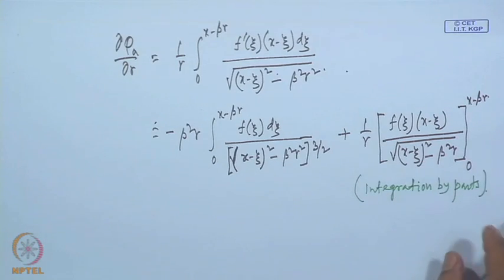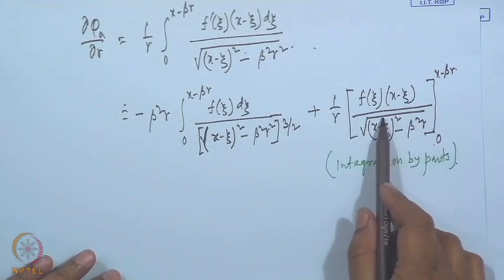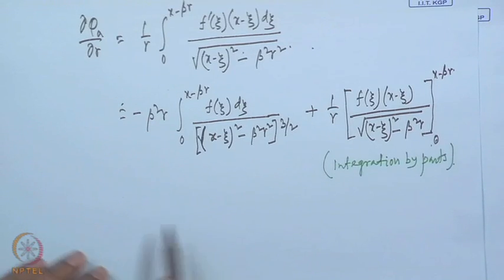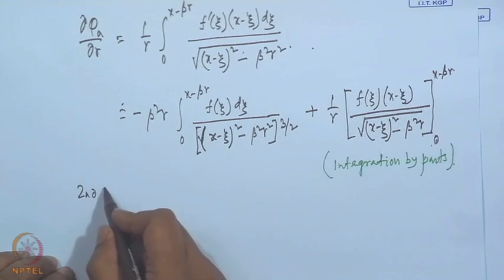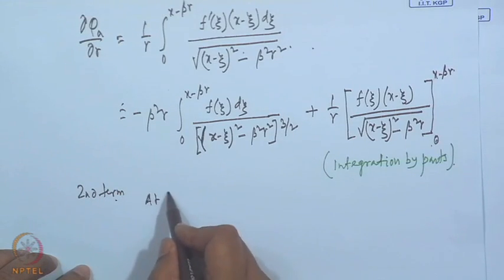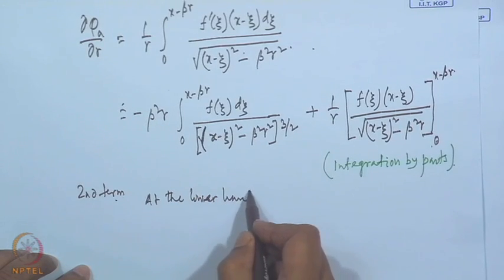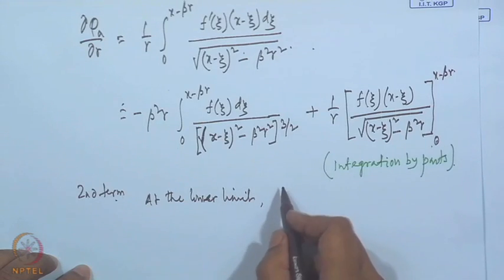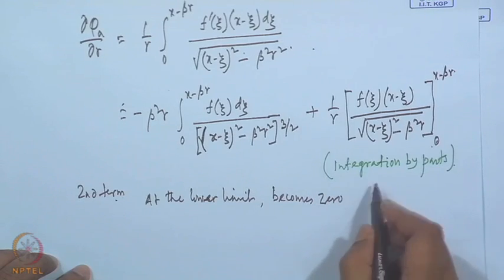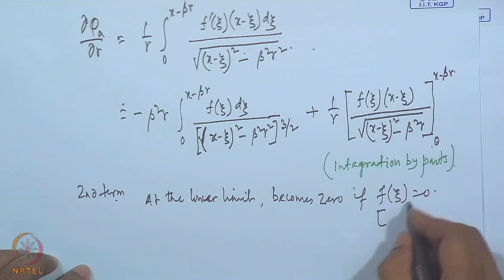Now, looking to the second term, at the lower limit it becomes 0 if f xi equal to 0, which we know for a pointed body.